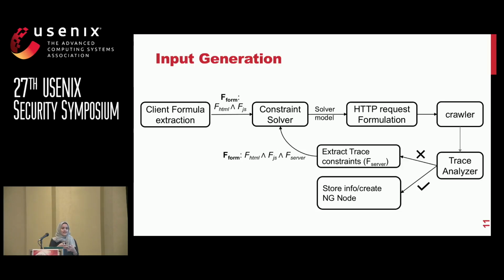In the next step, we utilize an execution tracing engine that generates traces while the application is executing. The goal behind this step is that when a user submits a form, the server-side code of the application usually enforces more constraints on the inputs that will be accepted by the application.